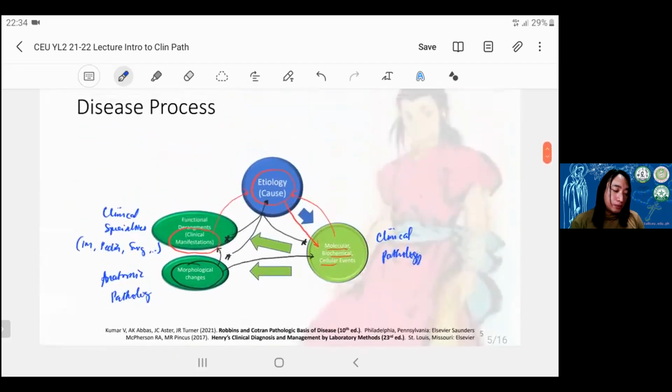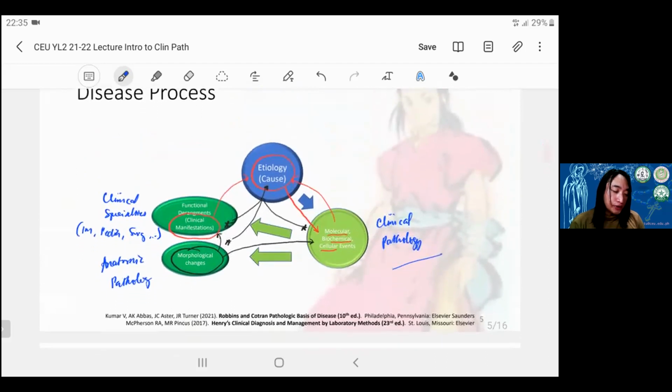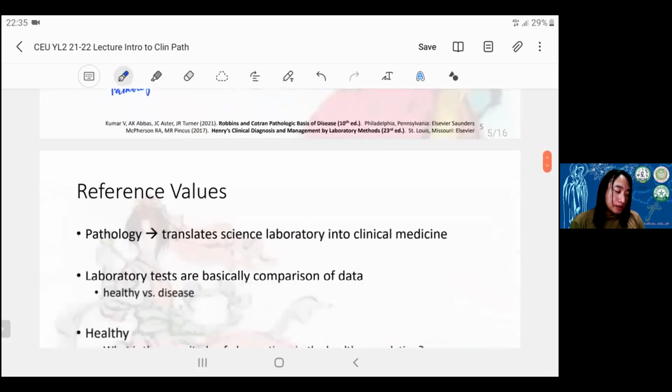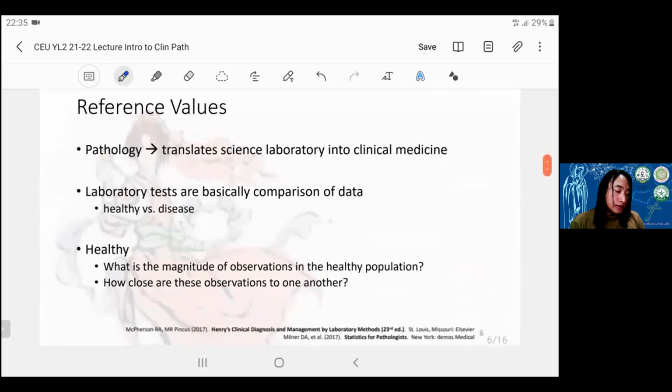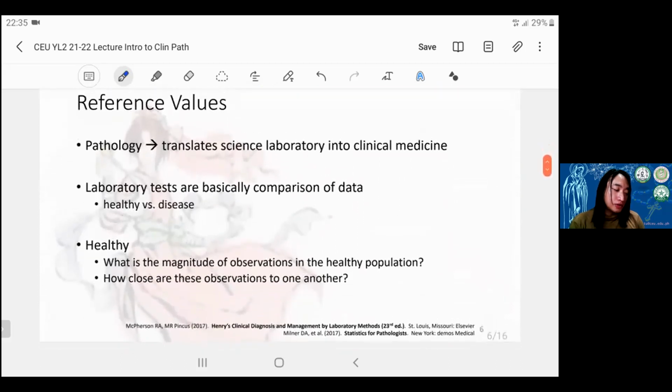So now that we are dealing with the laboratory tests, of course, again, let me emphasize that pathology translates your science laboratory into clinical medicine.